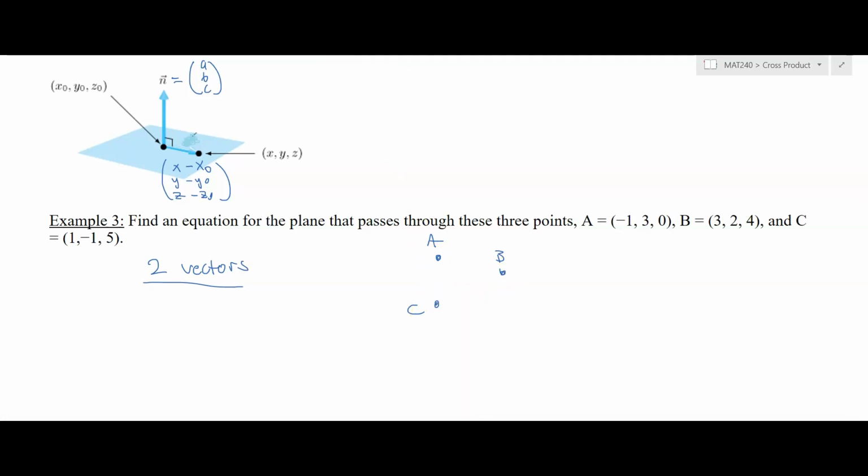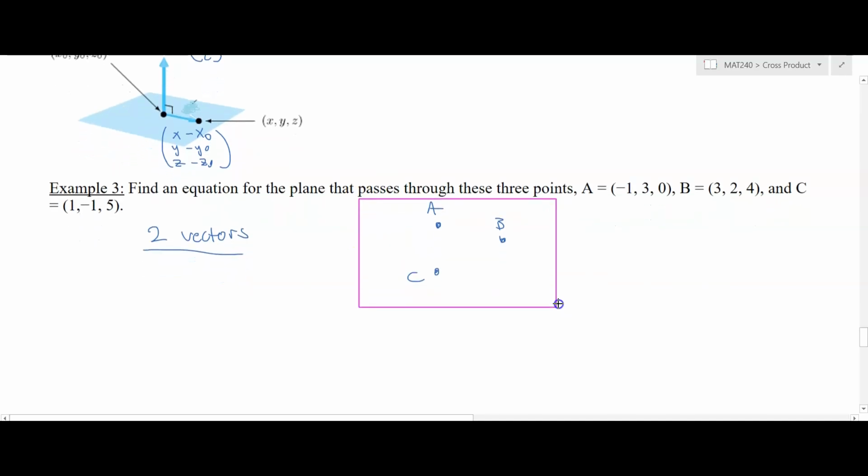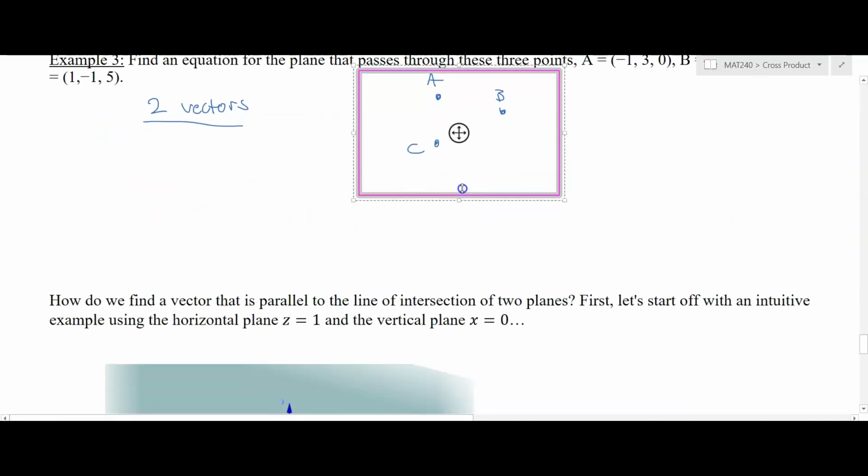The key here, though, is that these 3 points are all coplanar, meaning they all lie along the same plane. So imagine that this is our plane. Those 3 points are on that plane. And if I could find 2 vectors inside of that plane, then I can certainly find a vector that is perpendicular.